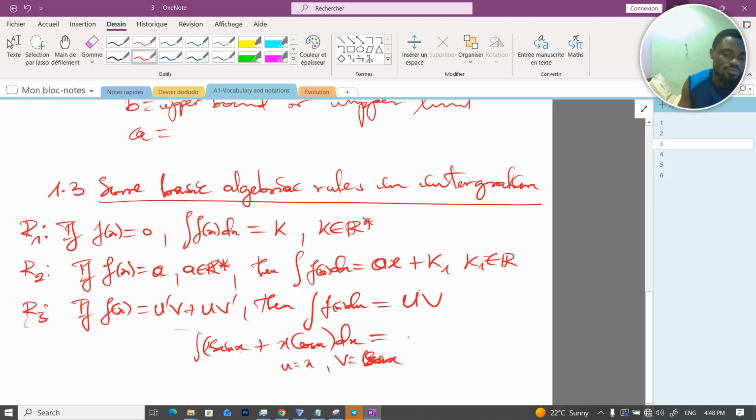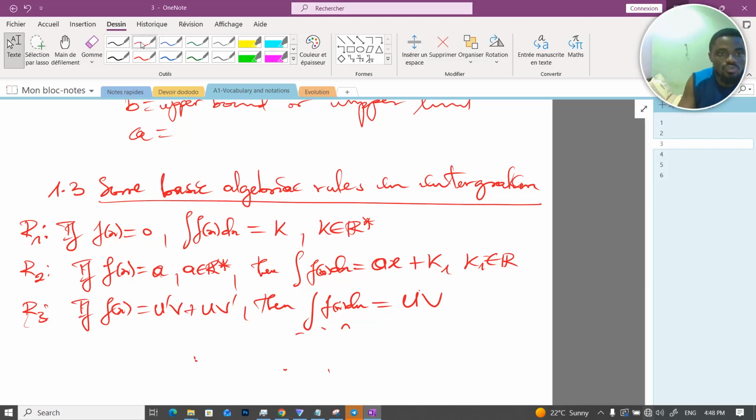So the integral of this, the primitive, will simply be equal to x sine x plus the constant of integration k. I don't know if you see how I'm applying this. So that's basically how you can apply that. So let's see the next rule.